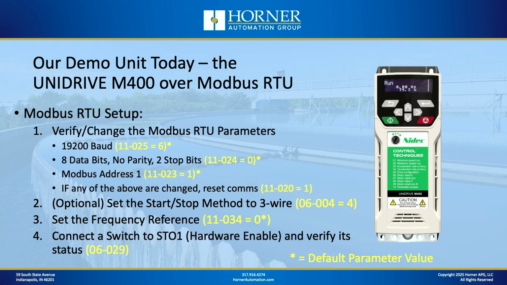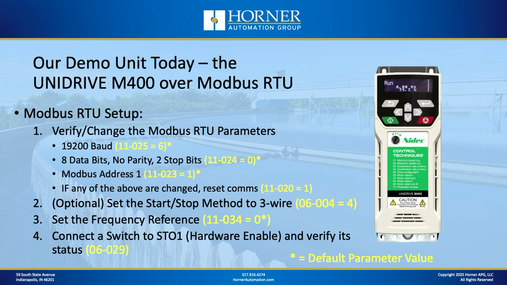Now let's talk about some of the parameters that we have to change to allow the serial communications to occur. My philosophy in general, when you're connecting a PLC to a drive, is usually I want to let the PLC adapt to the default serial parameters of the drive instead of changing all the parameters in the drive to match what I use on the PLC side of things.